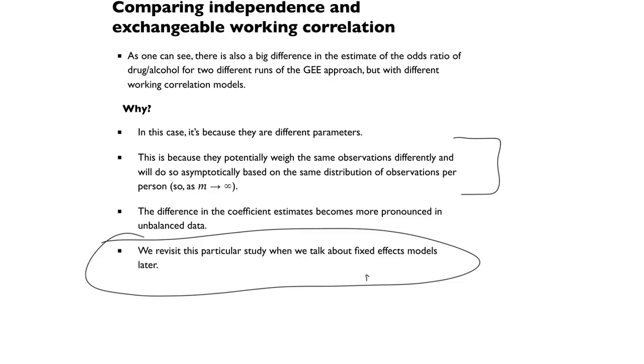You can get slightly different answers if you have autoregressive versus, let's say, unstructured, but they're not going to be hugely different. If they're really different compared to the standard error, it means something is off. I would always go with the estimation using exchangeable for the reasons I said, but I think it's debatable.